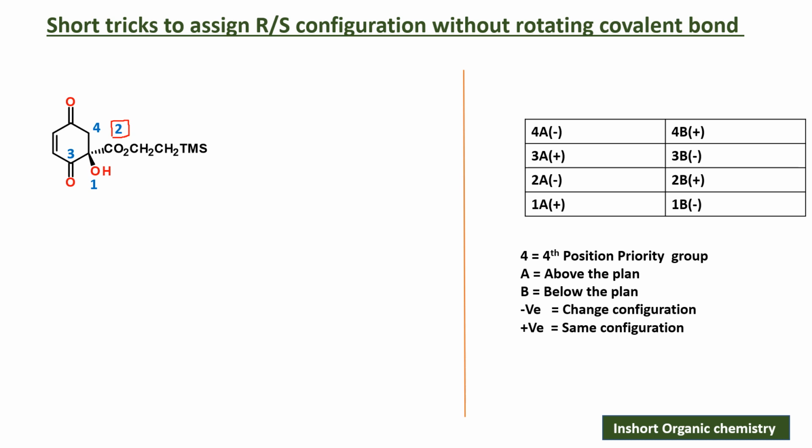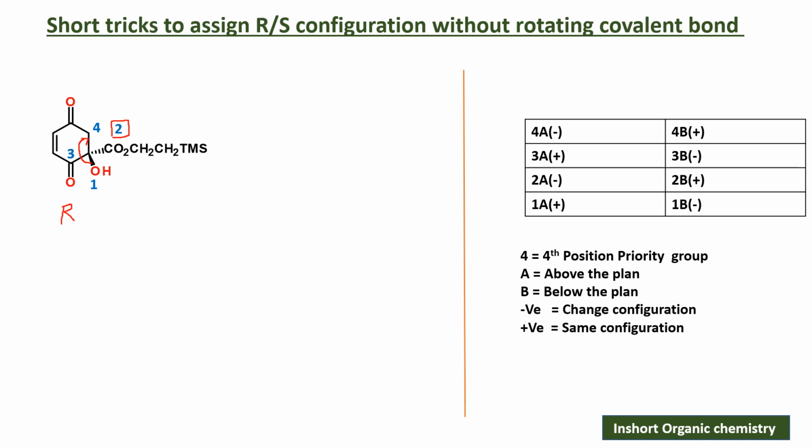So let's start with the first, second and fourth. I am not considering this second as a priority, so my second is this third one. So first, third, fourth is my priority. So this is clockwise, so my configuration is R.